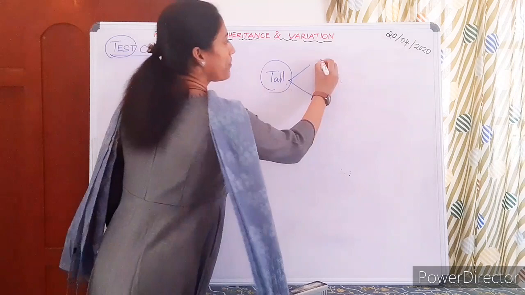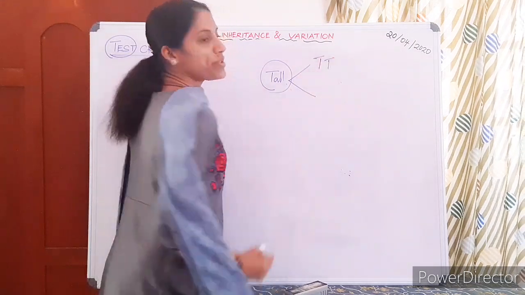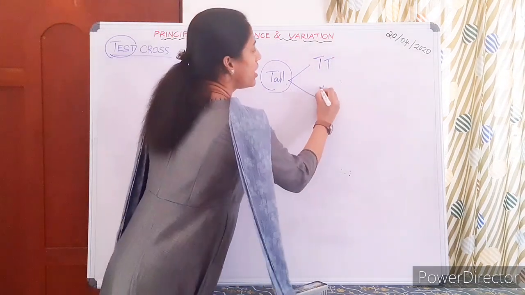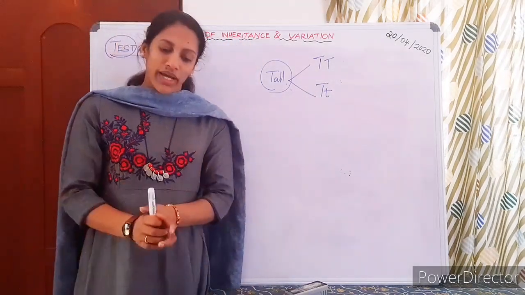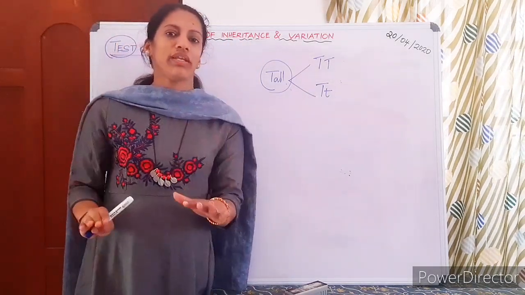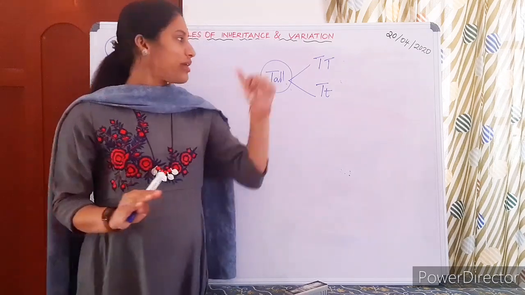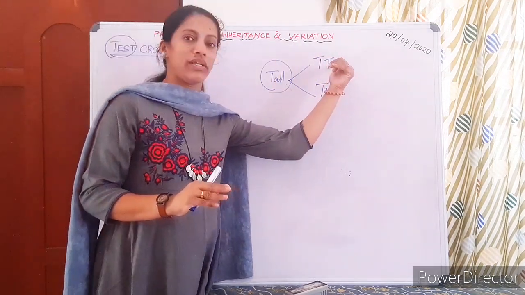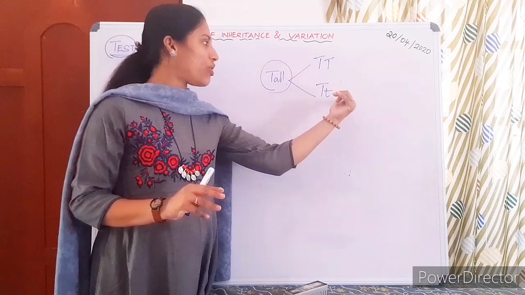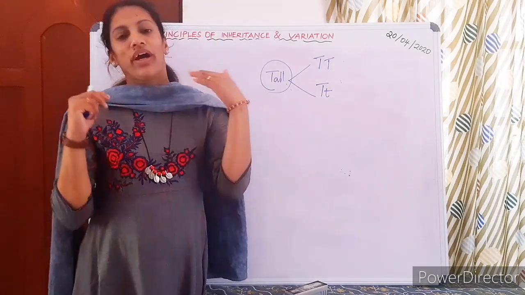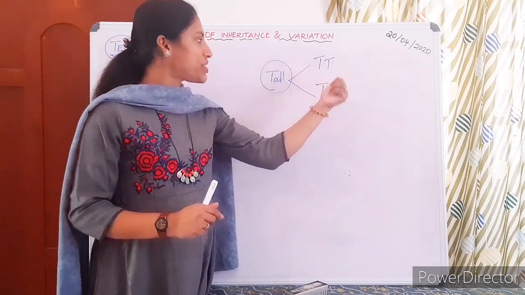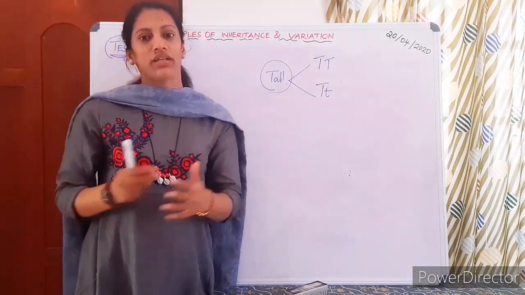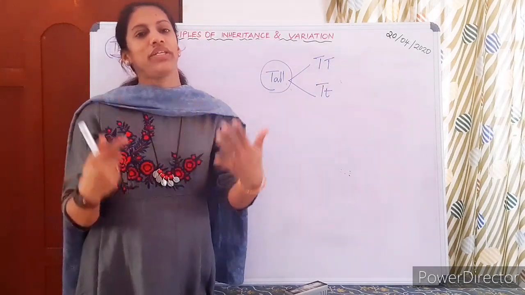According to Mendel, capital T capital T is tall and also capital T small t is tall. But by looking at the plant, by morphological appearance, we cannot say whether the plant is genotypically homozygous or heterozygous. We have no idea whether the plant is in this configuration or this configuration by external look.